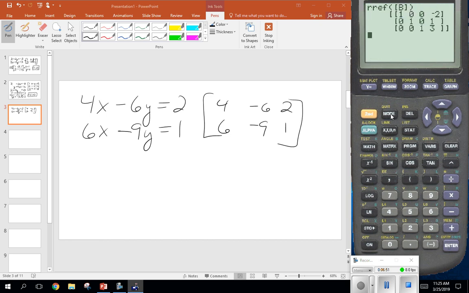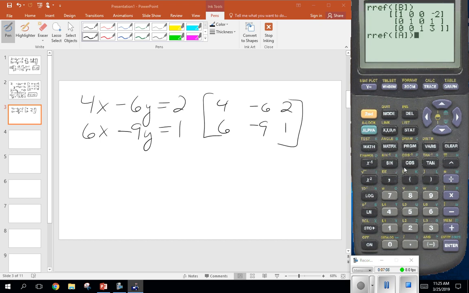Second, quit. Go over in your matrix menu, go to math, reduce row echelon form, second matrix, and then whichever matrix you stored it under.